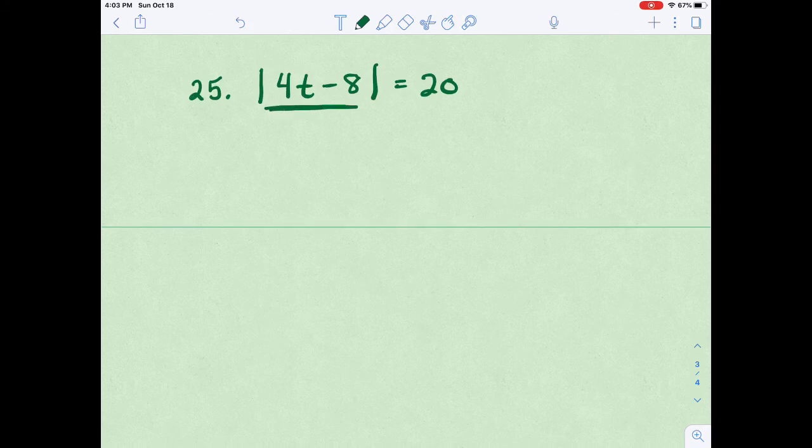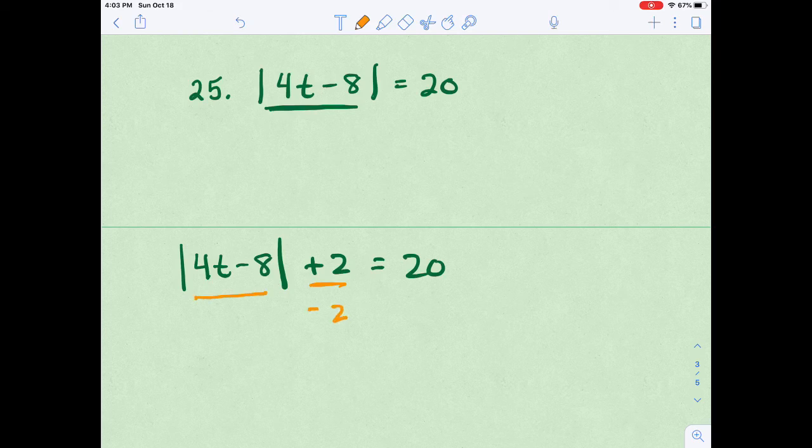This is a side note. You are going to see some problems that look something like this in your homework. I don't see any in the actual text lesson at this point, but in your homework you're going to see these. We need to get rid of this +2 first before we can do anything. We need to get this by itself.